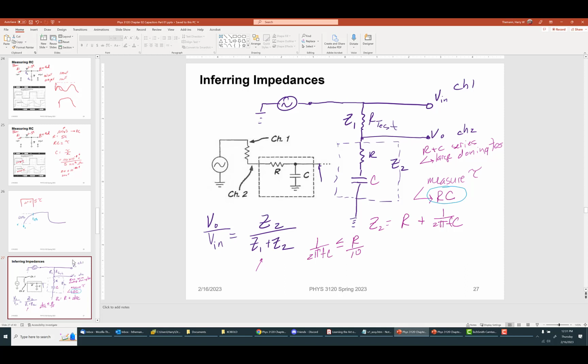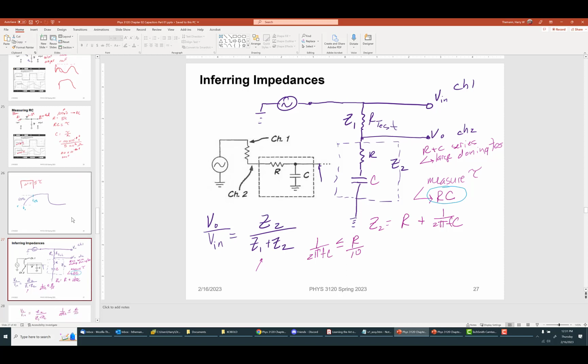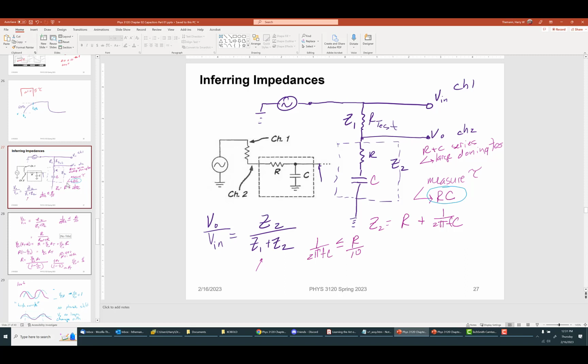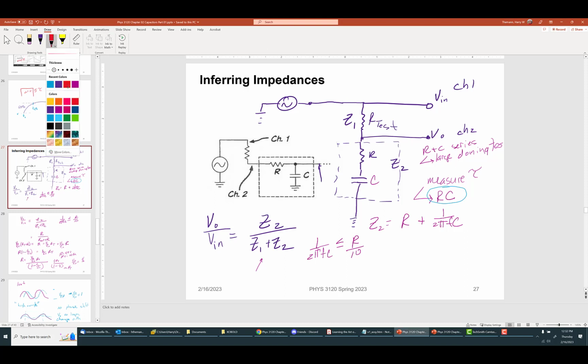So in order to measure R, we need to make the capacitor's resistance, its Z value, less than R over 10. We do that because, remember, our rule of thumb is that in a series circuit, the total resistance is dominated by the larger one. We want to take advantage of that, and we do that by making the Z of the capacitor very low.